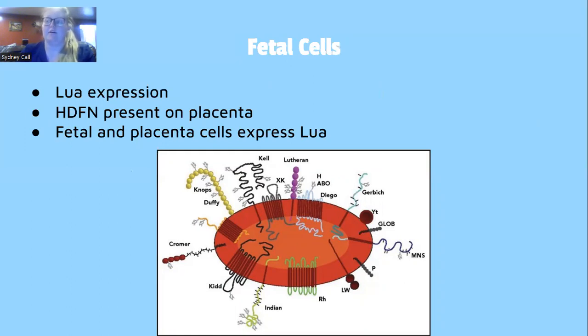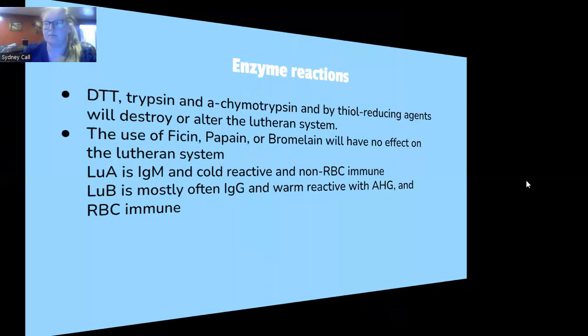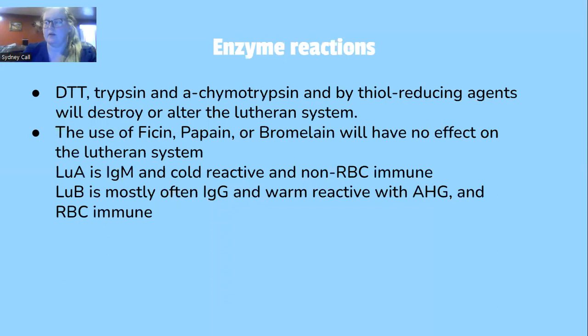That means adsorption of maternal IgG antibodies onto the placenta cells prevents antibody transfer to the fetus. So there's no apparent impact on the pregnancy. LUA is not a cause of hemolytic disease of the fetus and newborn, which is awesome. It doesn't cause any of those diseases or pathologies.